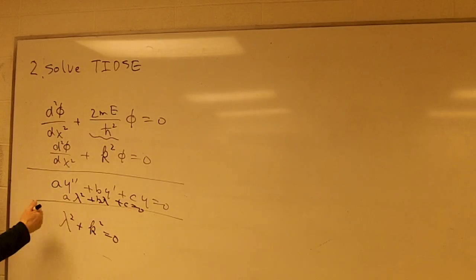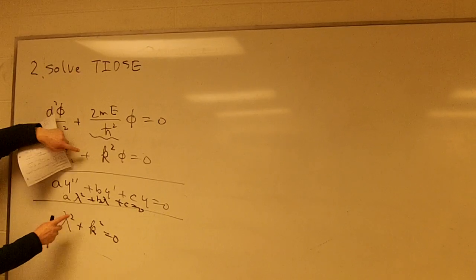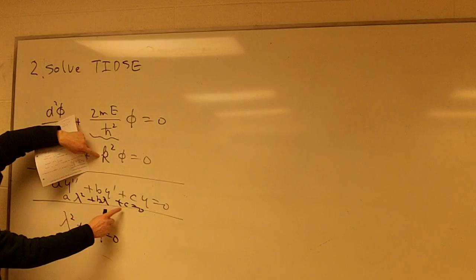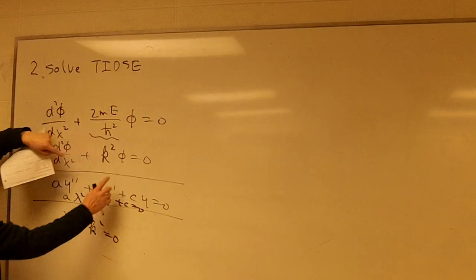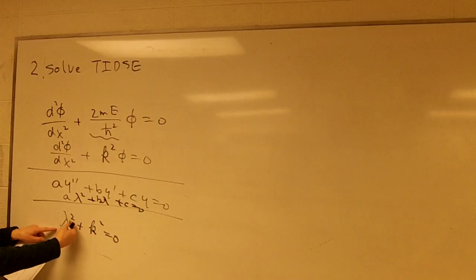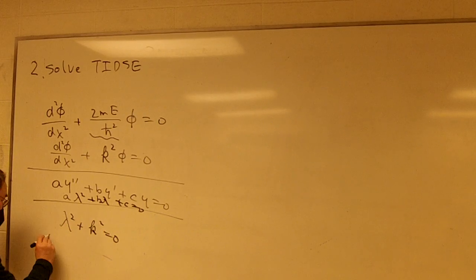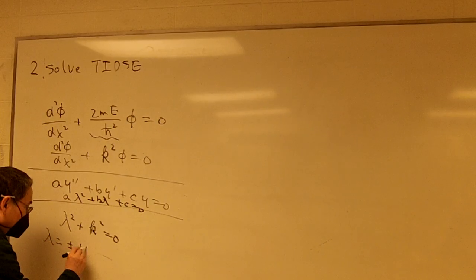But for our case, my a is just 1 here. There's no b term, and c is just k squared. And this phi doesn't count because it already has the lambda 0th order. So my lambda now equals plus minus i k.